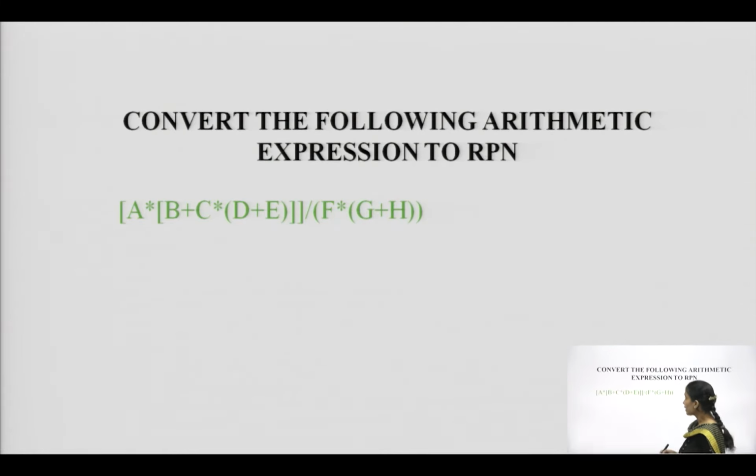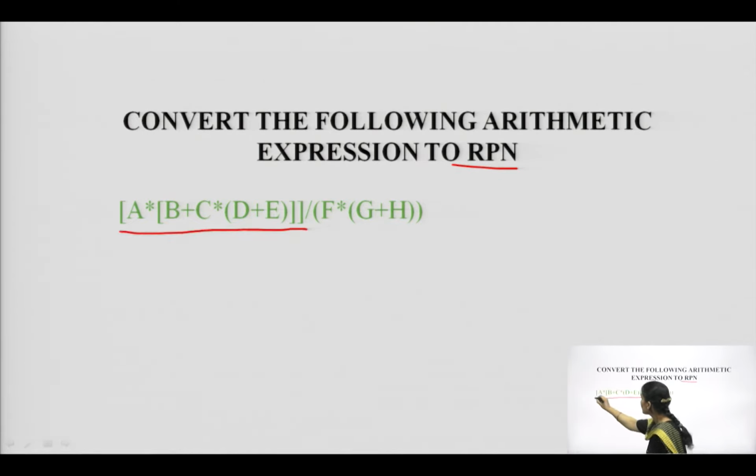Then we are taking an example to convert the following arithmetic expression into RPN. Here we have taken the example A cross B plus C cross D plus E as the numerator part, and in the denominator part we have F cross G plus H, and accordingly parentheses are put, and this is my denominator part.